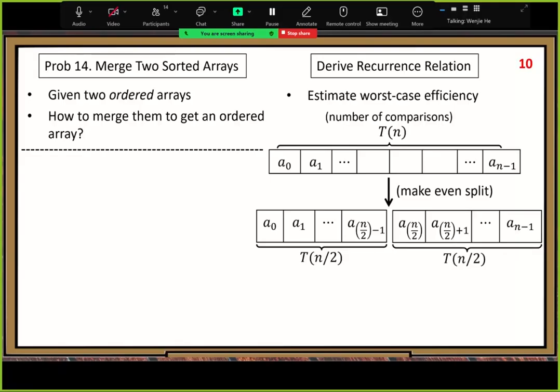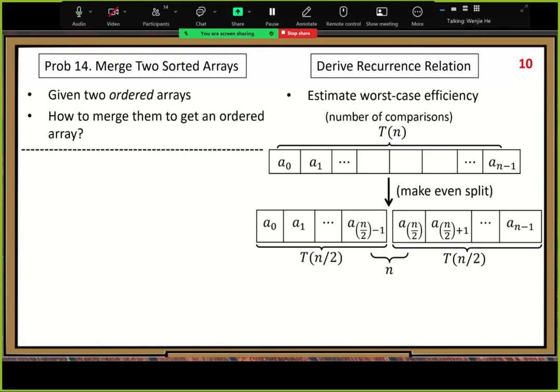But after we conquer each subarray, we need to merge 2 ordered arrays. When we merge 2 ordered arrays for the worst case, we use the worst case formula: the total number of elements in 2 subarrays minus 1.